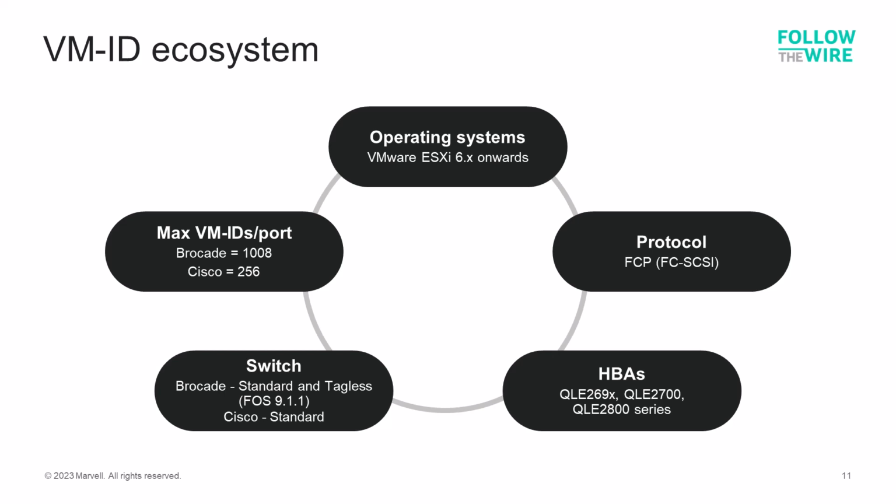Brocade switches and directors support both standard and tagless VMID with FOS 9.1.1 or later. And Cisco MDS switches support standard VMID, and you can see the maximum number of VMIDs per port each vendor supports here.